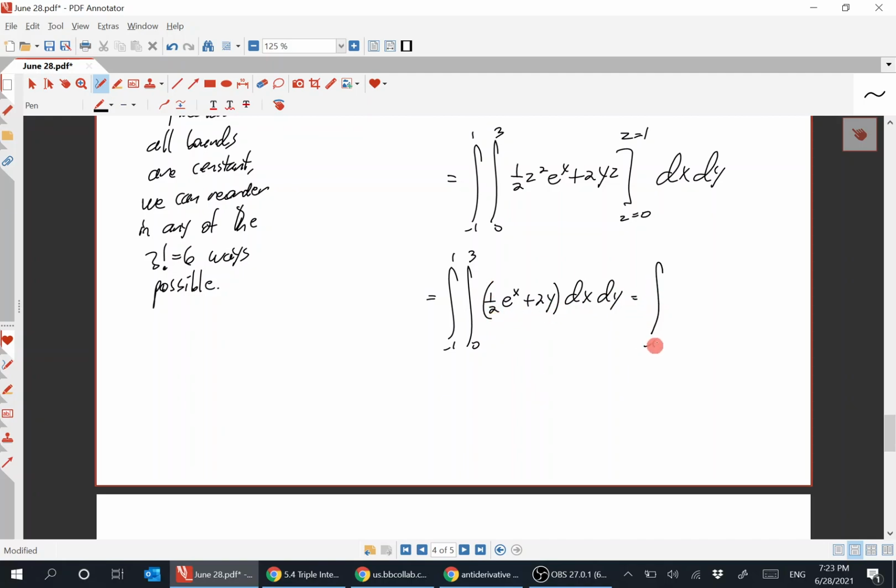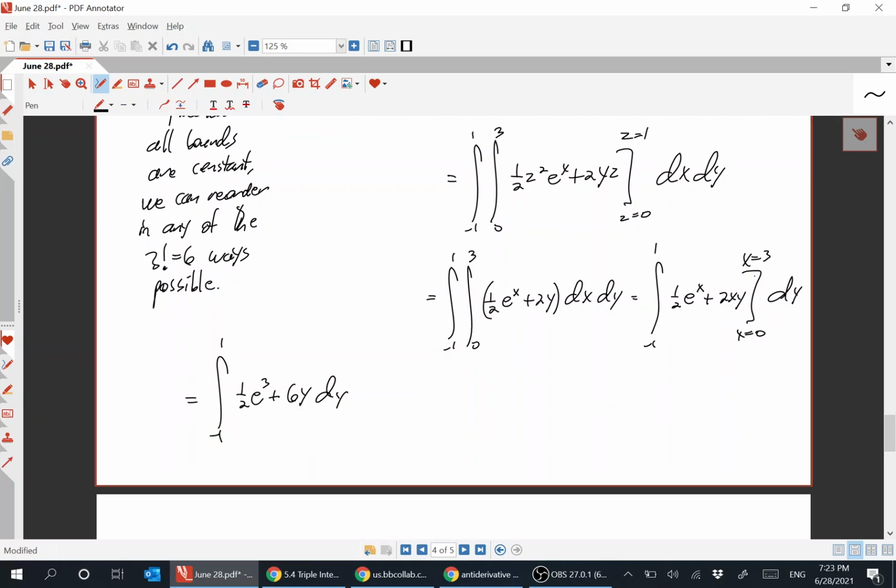So antiderivative with regard to x: 1/2 e to the x plus 2xy from x equals 0 to x equals 3 dy. So at 3, 1/2 e to the third plus 6y, minus the value at x equal to 0.